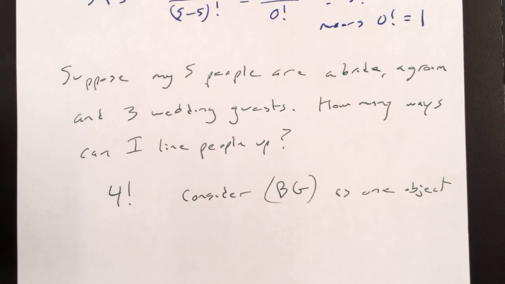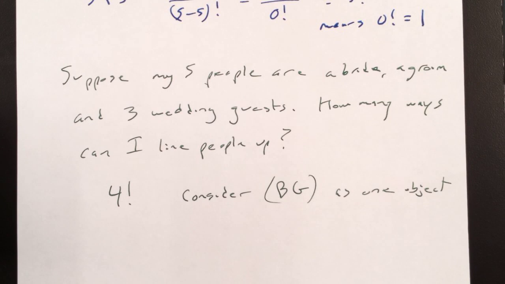I wrote it down with the bride on the left and the groom on the right. There's an or in here, isn't there? Bride and the groom, or the groom and the bride. Which means, what do I do when I hear the word or with my numbers? We did this on Friday. I add.